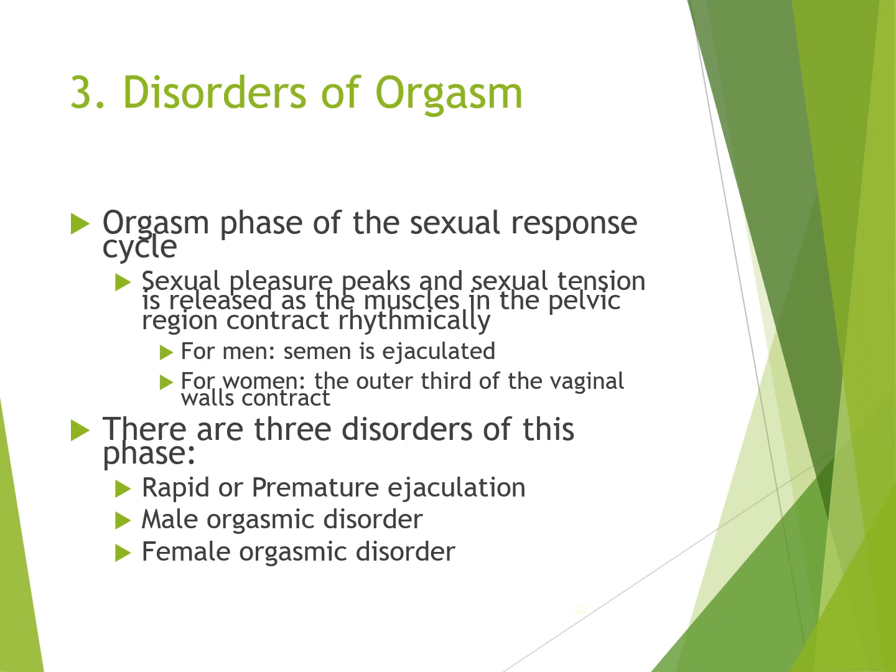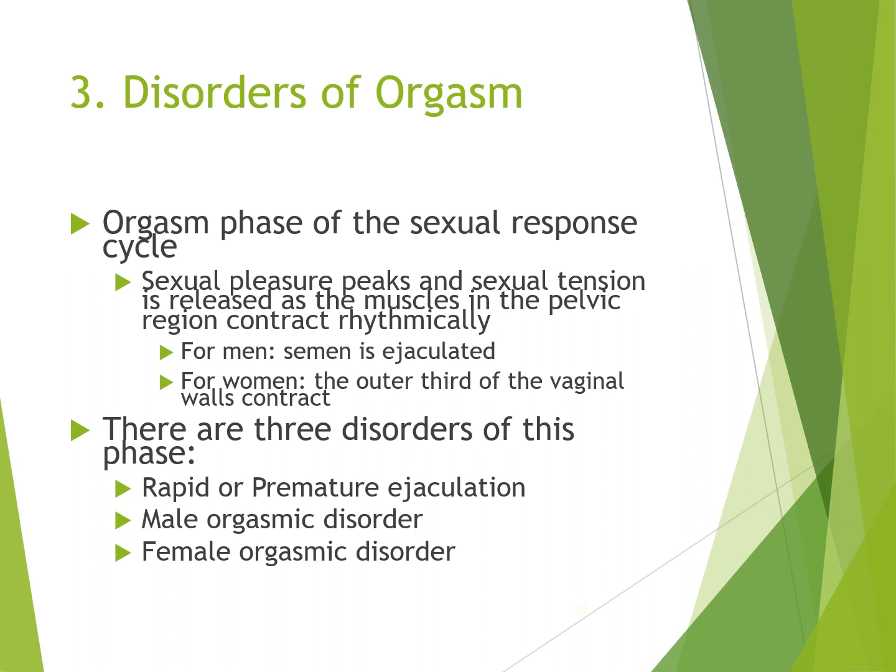The third category of these disorders is on the phase of orgasm. And in this phase, again, we have three main disorders. Remember, during orgasm, what do we say in the description of the phase? That there is semen ejaculation, and for women, many other physiological activities happen around here.